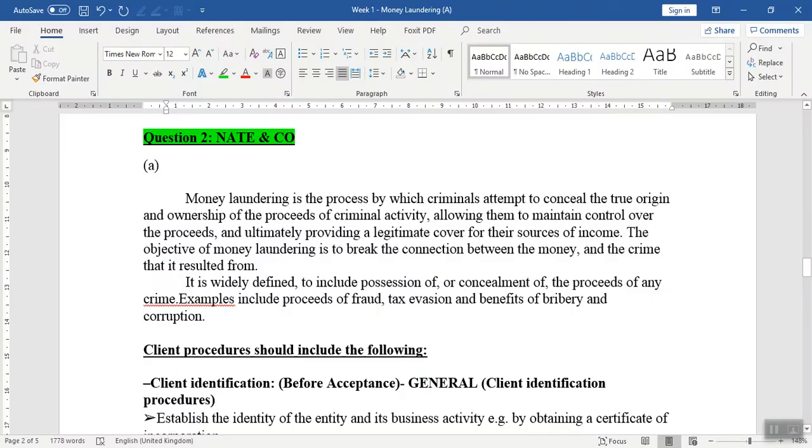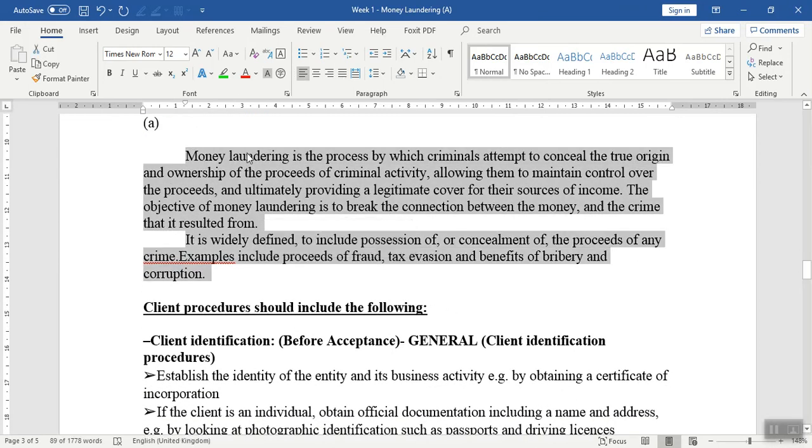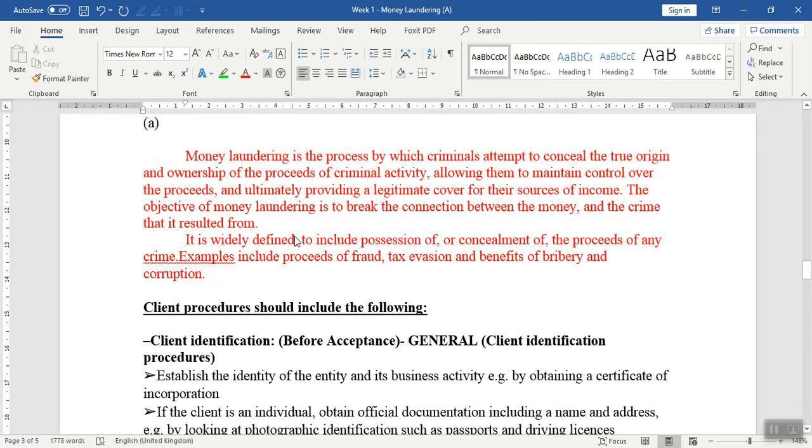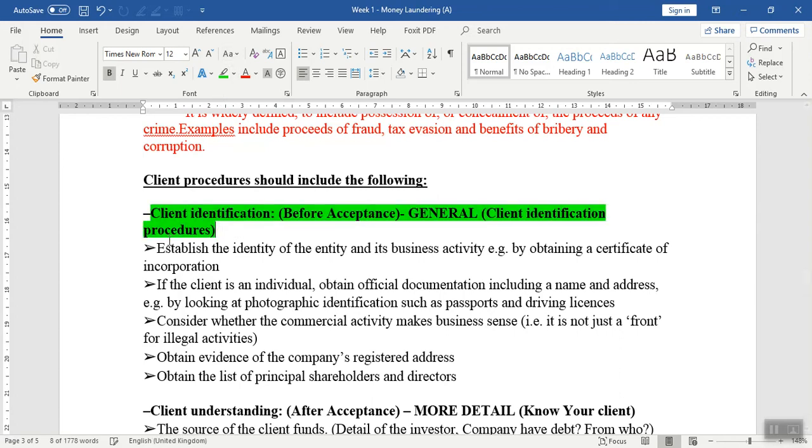Okay, so the definition, you can look at by yourself. Same answer. Okay, so what do client procedures include? This one is before acceptance, more general. So what does the auditor do?